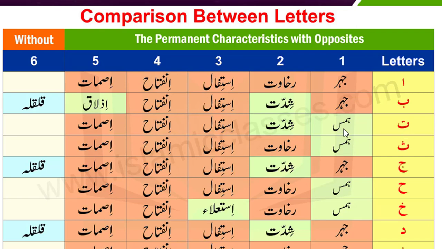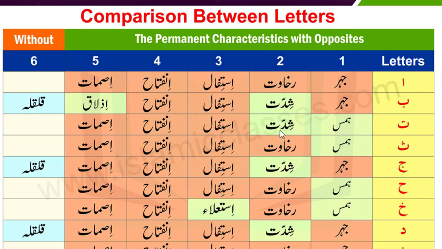In ta, it has hams. This is the difference. You can see it is very easy to remember which letter has which quality, so you can know the difference between the letters' sounds. The ta has hams, which is the flowing of air, the continuation of breath, like we say at, at, at, right?